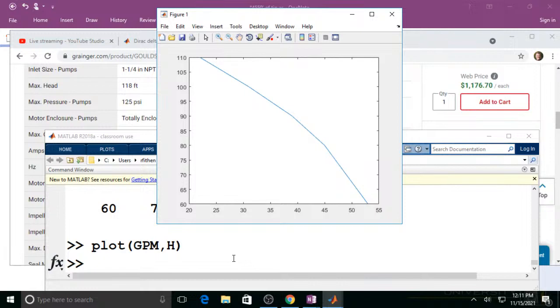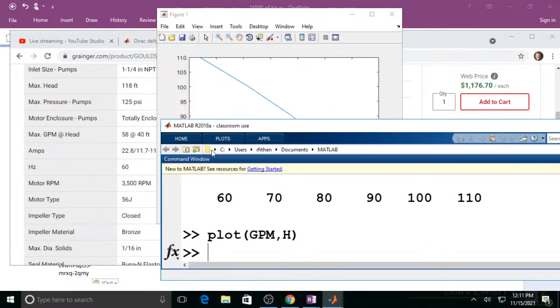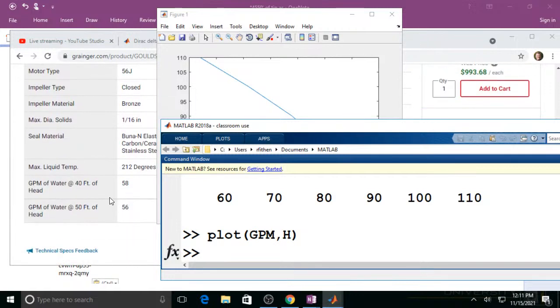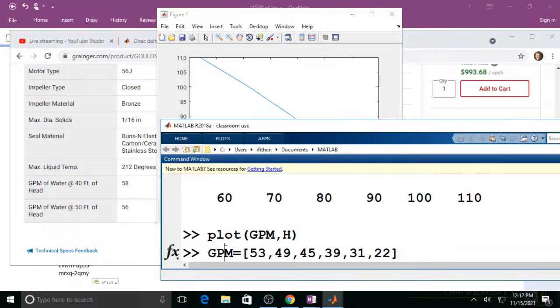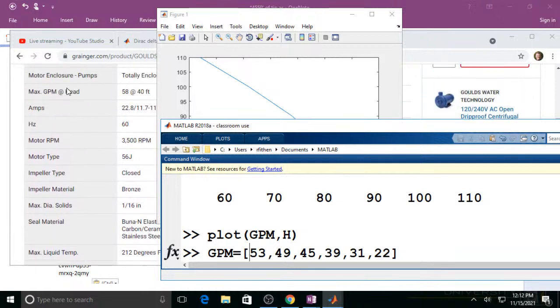The only difference is I got one item, which was the maximum head. Let's see if I can find it. Oh wait, there's a 40 and a 50 as well. Okay, I didn't see this. I'm going to go back, and there's also the maximum head, 58 at 40 feet.